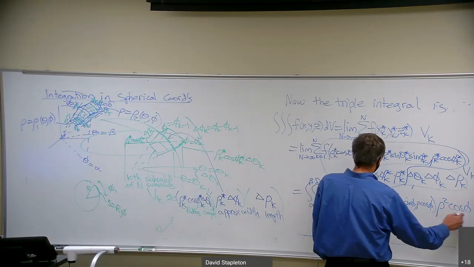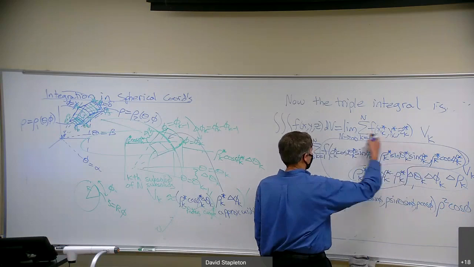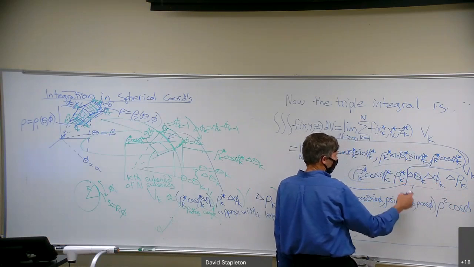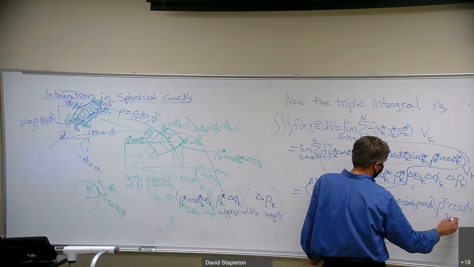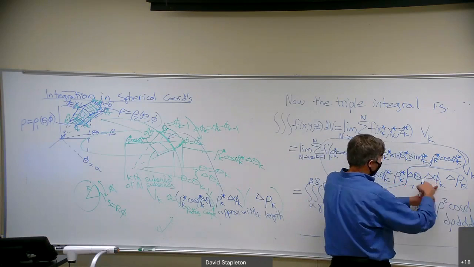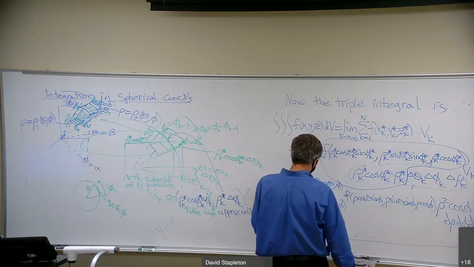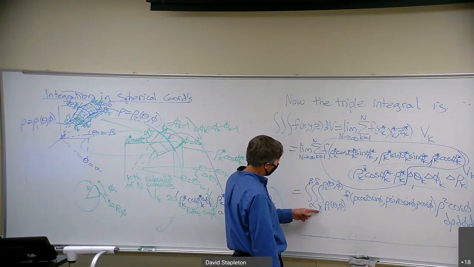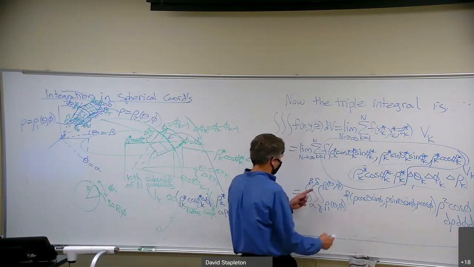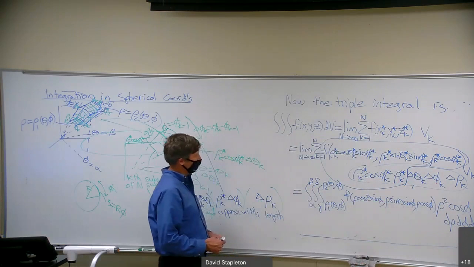That's the integrand, right? The integrand includes a rho squared cosine phi, and then d rho, d phi, d theta. I'll put them in the other order here: d rho, d phi, d theta. I can multiply these in any order. And if I put them in this order, then I can put theta on the outside, then phi, and then rho. And the idea is write the inside integrals over rho, and then next over phi, and next over theta.